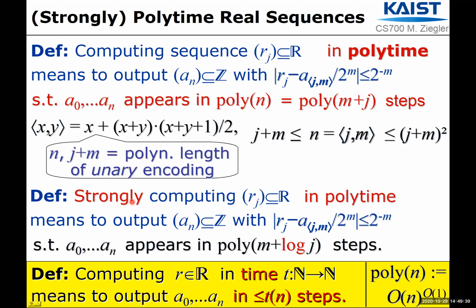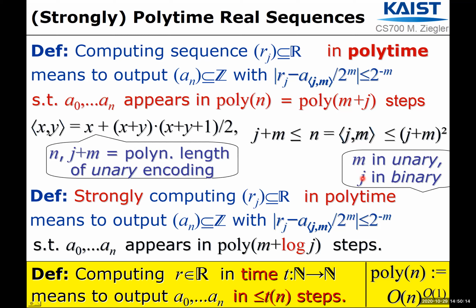A different way of expressing the same notion, strong polynomial time computability, in terms of binary length: we take the precision parameter still in unary, as with all previous definitions, which makes the dependence correspond to the binary length of the input parameter.